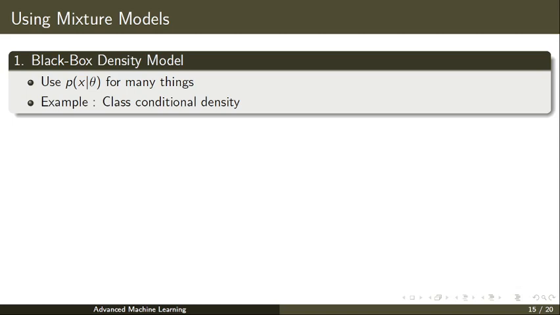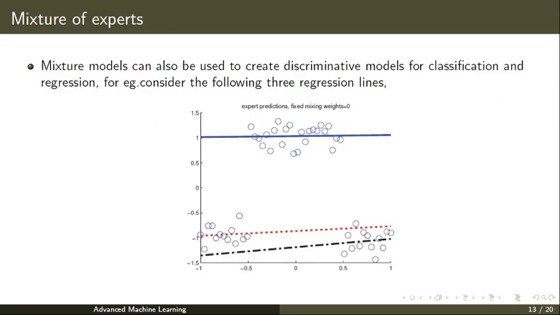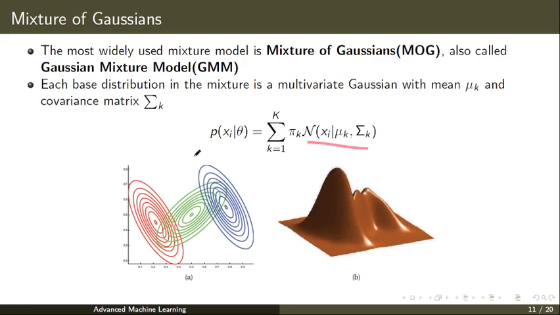Next, we'll see how this mixture model can be utilized. As we have just seen, the mixture model can be used as a black box density model, or for finding out the probability of x given theta. As we have just seen, probability of x given theta is a summation over this.